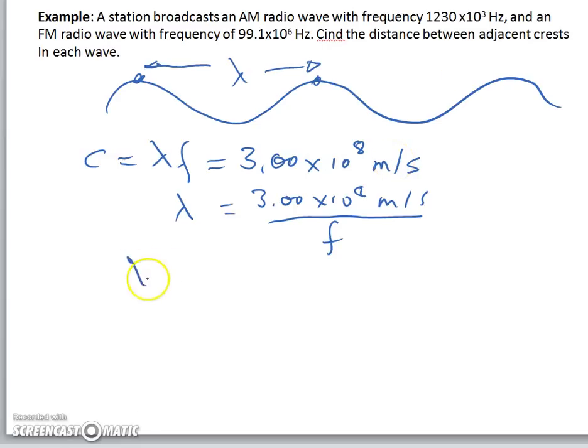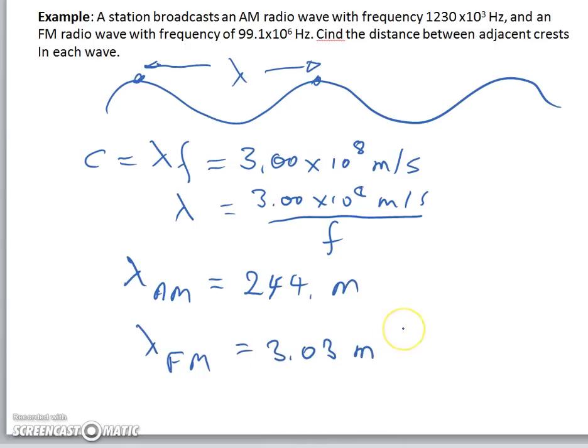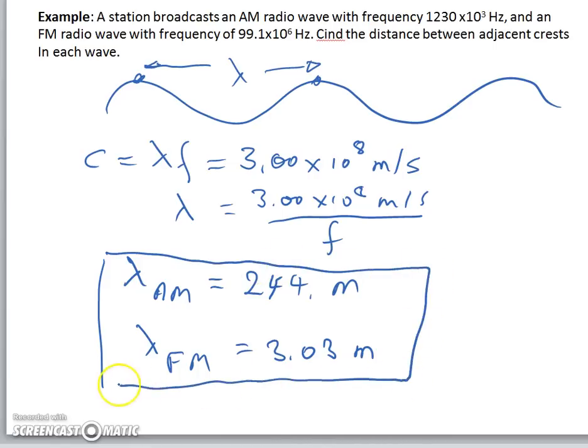And so the wavelength corresponding to the AM frequency is calculated to be 243, well, 243.9, so 244 meters, and the wavelength corresponding to the FM signal calculates to be 3.03 meters. And just making sure that the poor person who has to mark the work knows clearly what it is that we wish them to mark, and we're done.